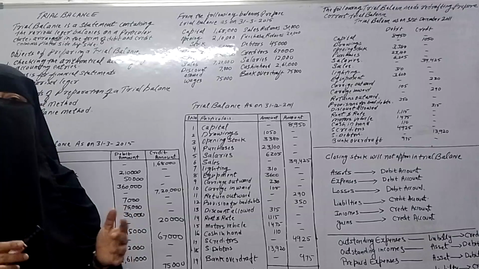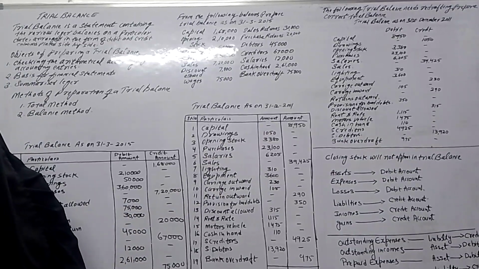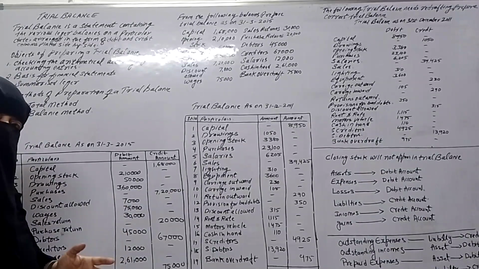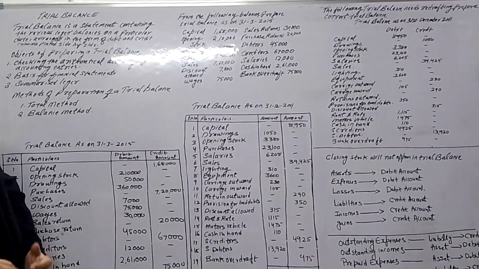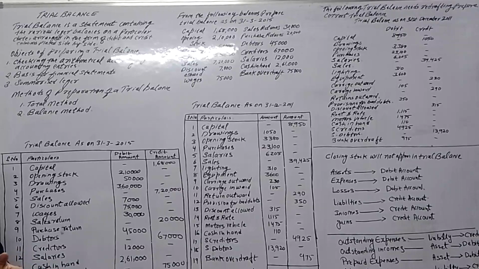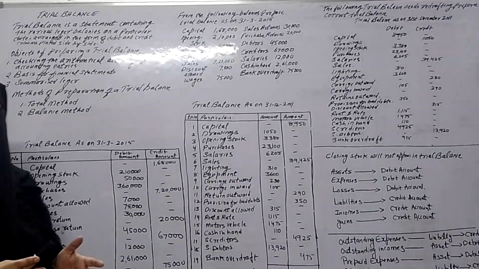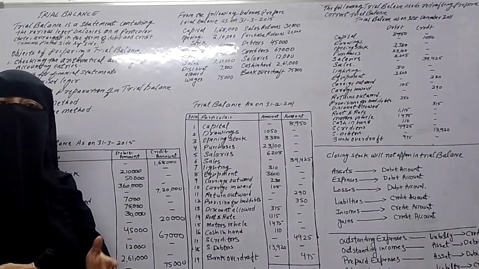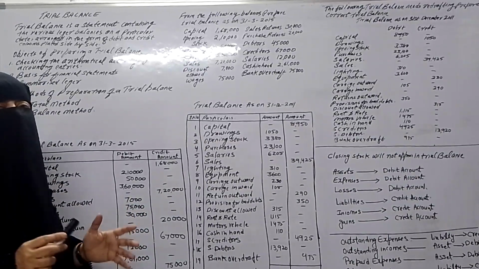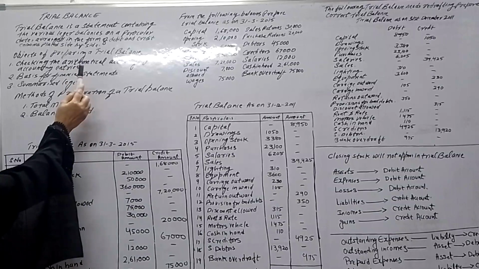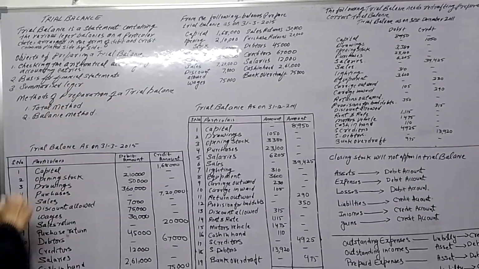And why do we prepare it? What are the objects of preparing trial balance? The first objective of preparing trial balance is to check the arithmetical accuracy of the ledger accounts. That means whatever ledger balances we prepared, whether they are correct or not. So trial balance shows the arithmetical accuracy of the ledger balances. This is the first objective.